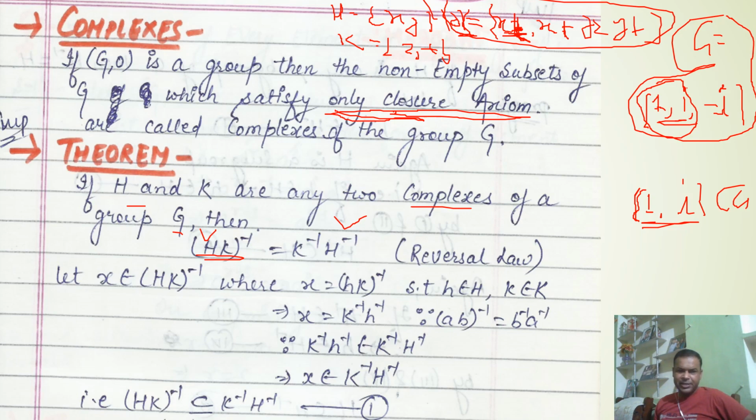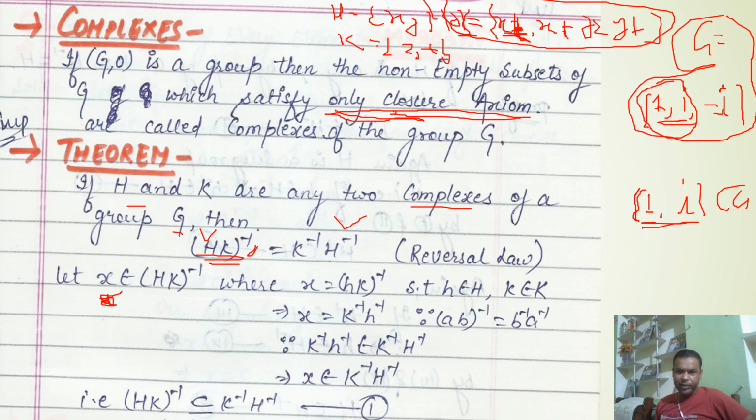Let us suppose the inverse of HK exists. It means you first find the product of two complexes H and K, and after that you write the inverse of each element in this product. If there is any element X in it, what will be the nature of this element X?